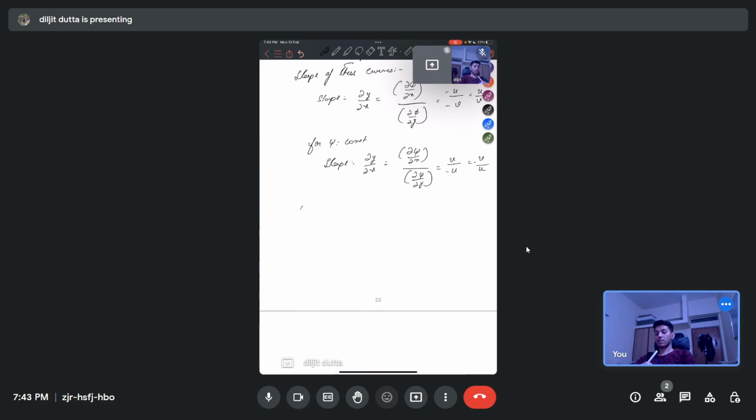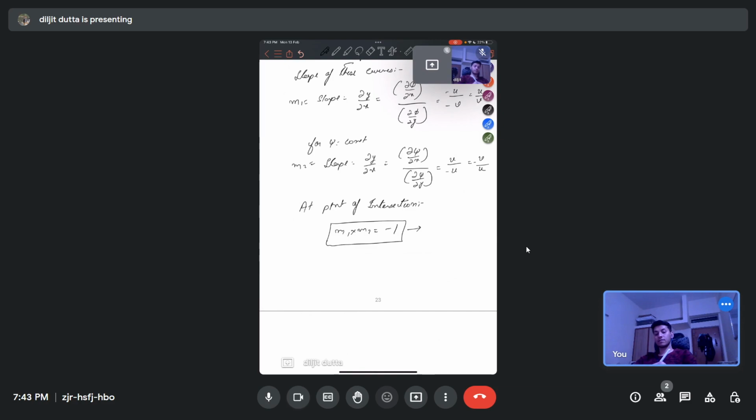Now at point of intersection, what will you get? You will get minus 1.